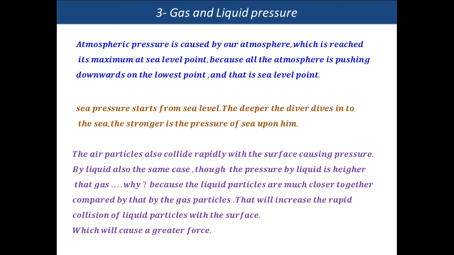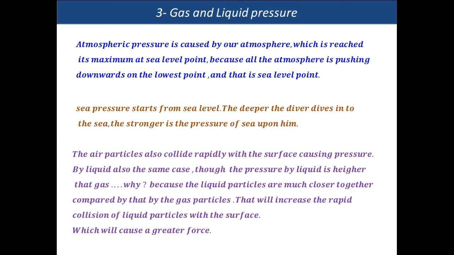And then we have the air particles, which also collide rapidly. Now we speak about gas and liquid. Gas and liquid are made from particles which are moving rapidly and hitting any surface, causing pressure. But liquid pressure is more intense in comparison with gas. Why? Because the liquid particles are much closer together.